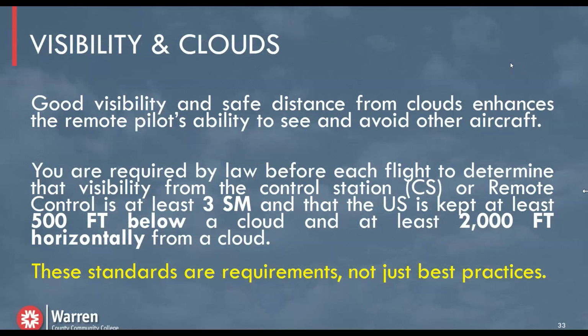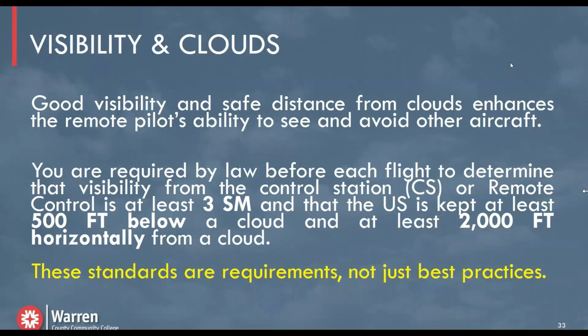So if your cloud cover is at 500 feet above the ground, you can legally fly a drone 400 feet, but you have to keep that drone 500 feet below a cloud so that if there's a manned aircraft coming out of a cloud, it would have time to see you and divert, or vice versa. You would divert out of its way. That would be hard to do if there isn't at least 500 feet.